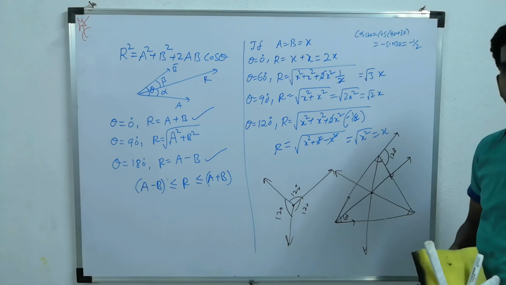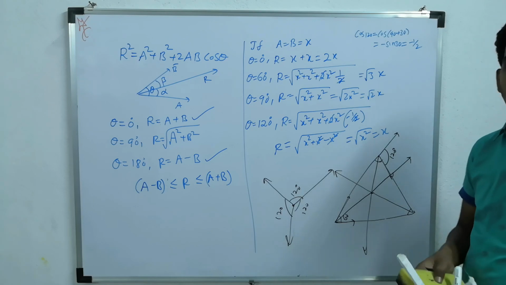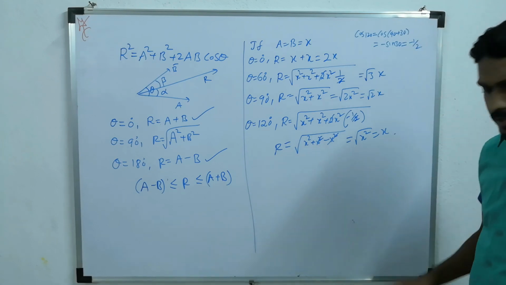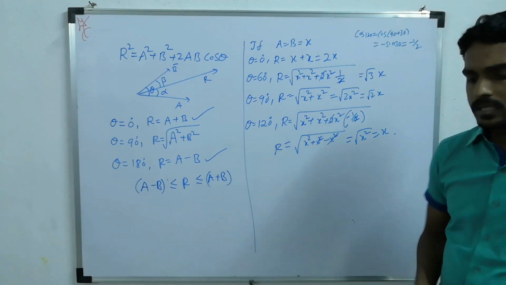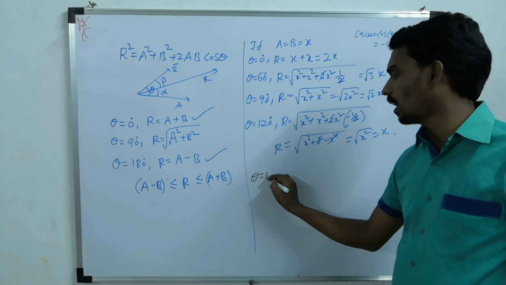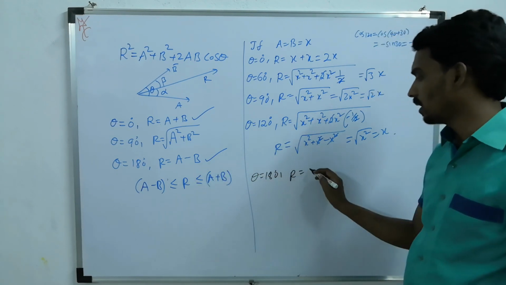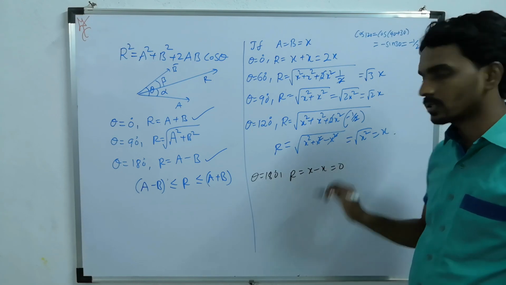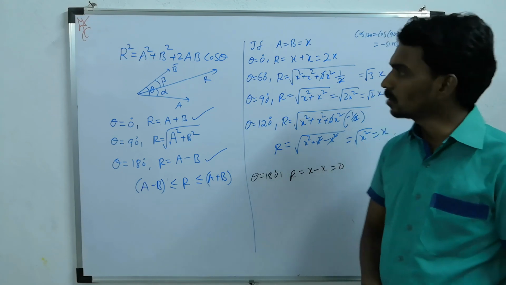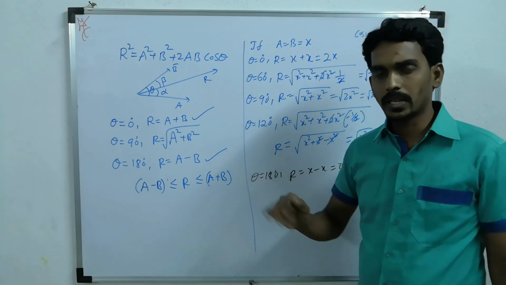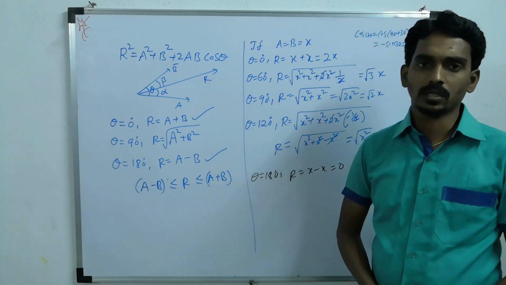That's why we take this as a special case in vectors. So the last and final one, when the angle theta is 180 degrees, the resultant is a minus b. So x minus x, how much? 0. So remember this data. Then try to apply it in solving questions.